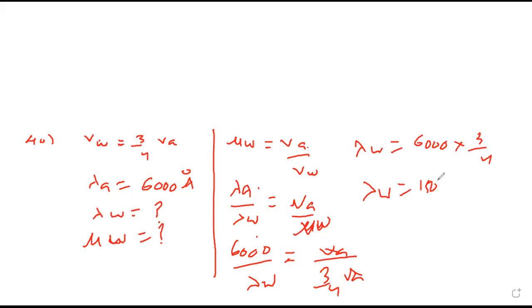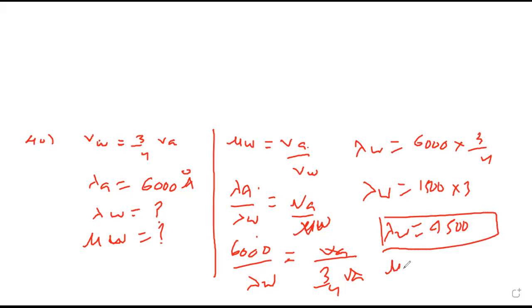That means 1,500 into 3, so 4,500. Now refractive index is V air upon V water. So V air upon V water is 4/3. Check, do we have this option? 4,500 and 4/3.